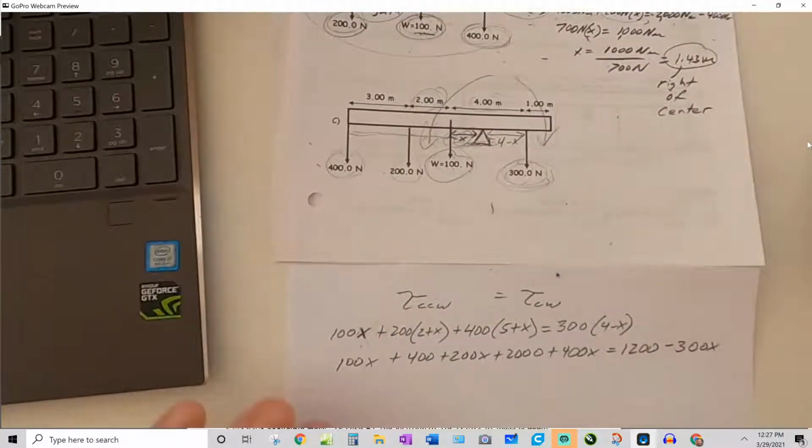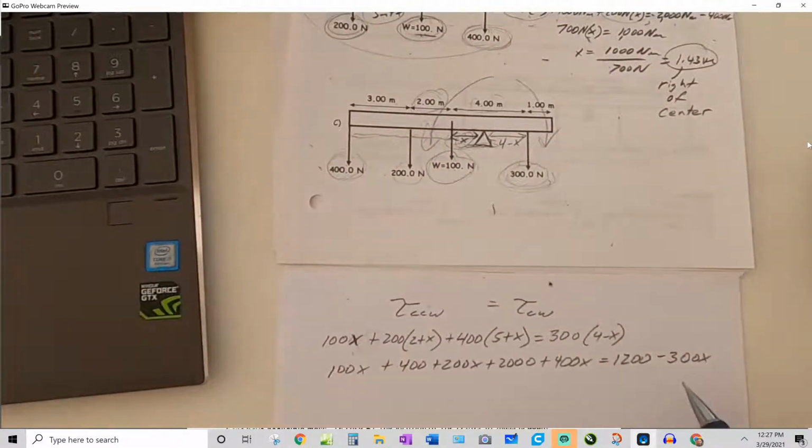If you see me make any obvious math errors, let me know, because I'm going kind of fast. I'm going to keep all my x's on the left side here. Got 100 plus 200, so that's 300 plus that, so that's 700. I'm going to add this to both sides, so I get 1000x over on the left side. And then I'm going to subtract these both from both sides.